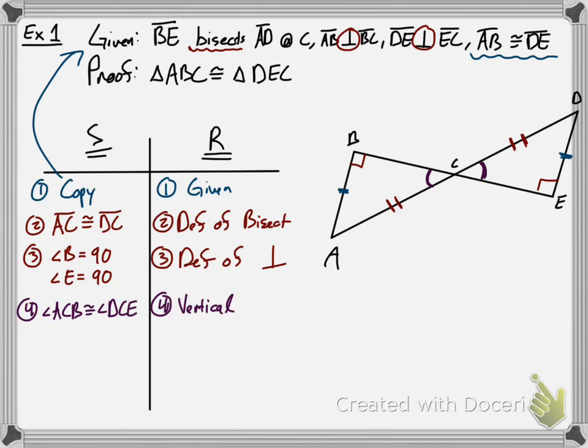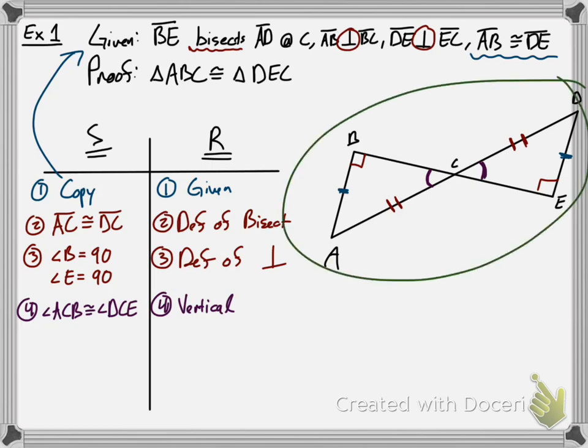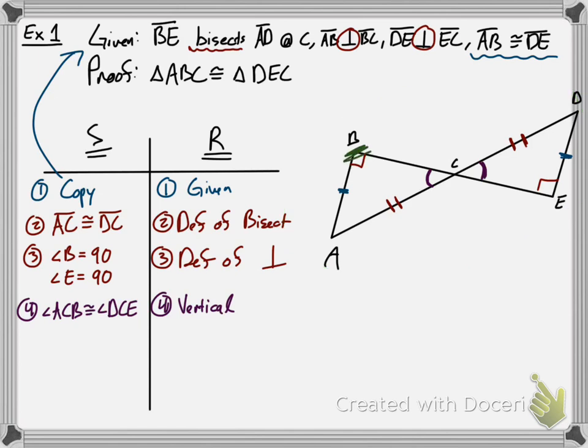So what I want you to do is just look at your picture for a moment. We're going to focus on that. And let's just imagine that these right angles are not there. Let's pretend they're not there. Right now, for each triangle, we have angle, side, side, which we mentioned in the first part of chapter 4, that we cannot use SSA or ASS.